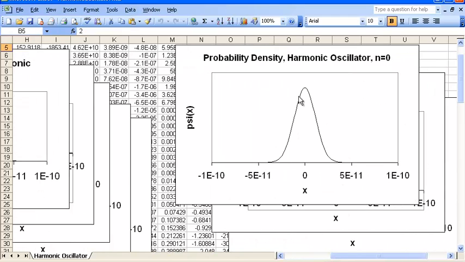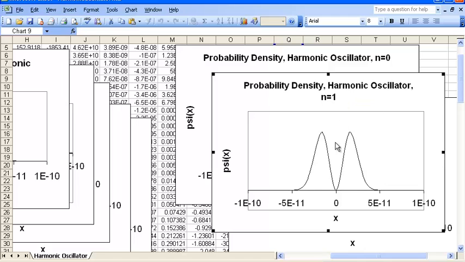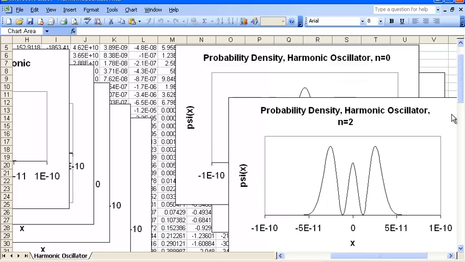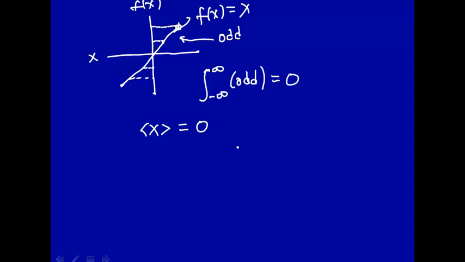Oh yeah, so here's a probability, it's symmetric, and so you would expect that on the average it would be right there, x equals 0. All right, let's look at the n equal 1. Yeah, so we have a probability lobe over here and here. They're equal, so on the average it would be right in the middle. And here it is for the n equal 2. Yeah, again, we have probability here, probability here. On average, you expect to be right in the middle. So that's what we expect.